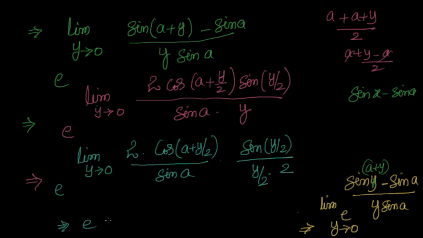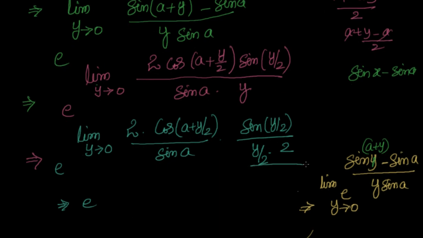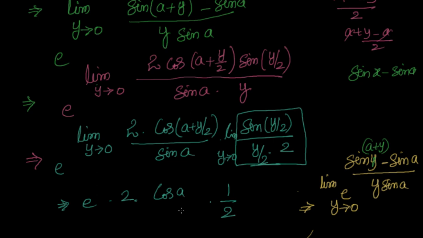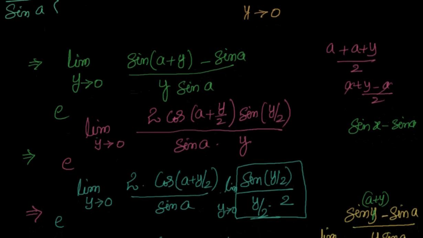You know that sin of y by 2 by y by 2 equals 1. So what is left out here is 1 by 2, and what is left out here is 2. When you apply the limit as y tends to 0, y becomes 0. This is cos a by sin a. The 2s will cancel. You are left with e to the power of cot a. So the solution for that is e to the power of cot a.